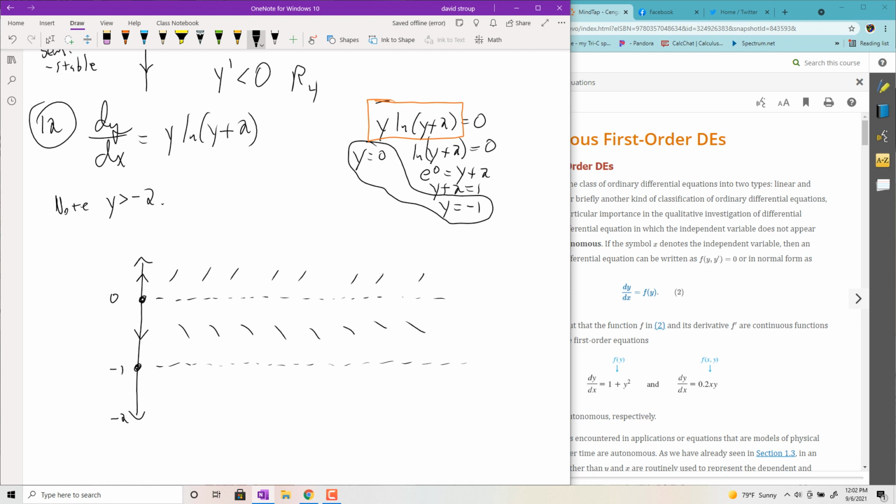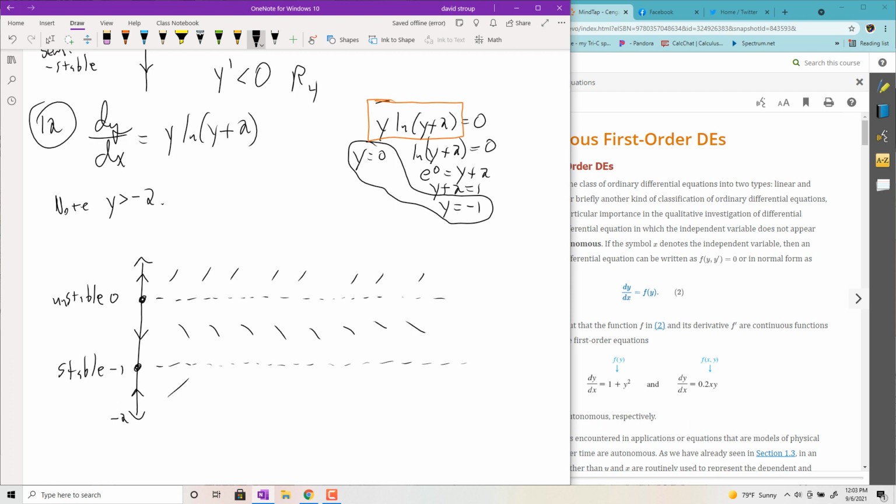And then finally, try something like -1.5, and you get a negative times a negative value, so it'd be increasing. Classify the critical points. So this guy is a repeller or unstable. And then this other guy is an attractor. In other words, it's stable.